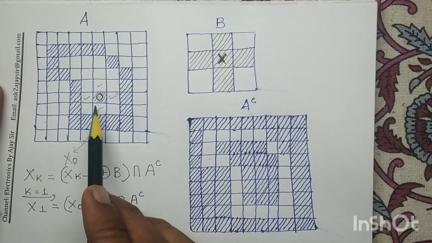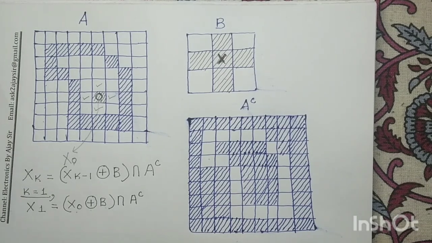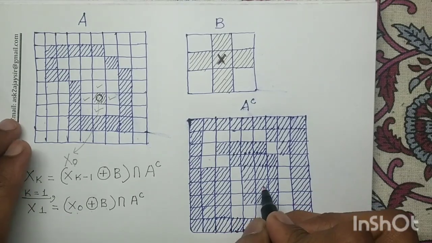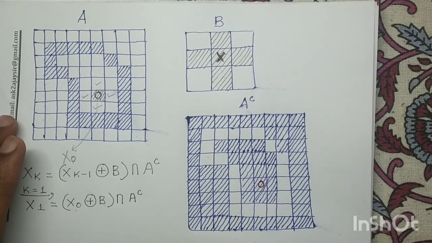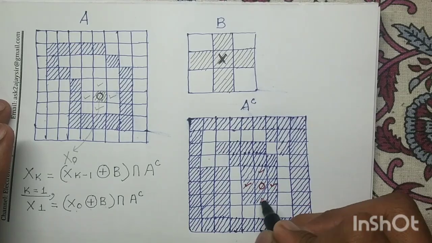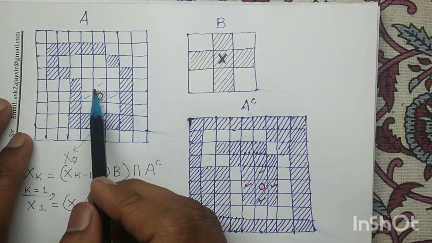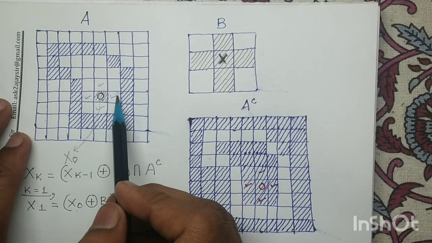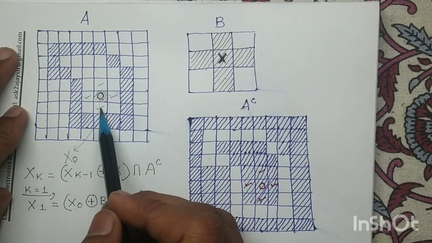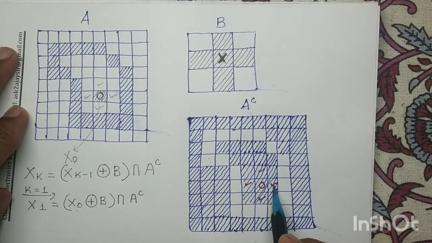So if you mark this 0th point in A complement, this is the 0th point and these are the 4 dilation output points. Now look at the output of the dilation. After performing the dilation operation, all these pixels will become logic 1, and in A complement all these pixels are at logic 1.